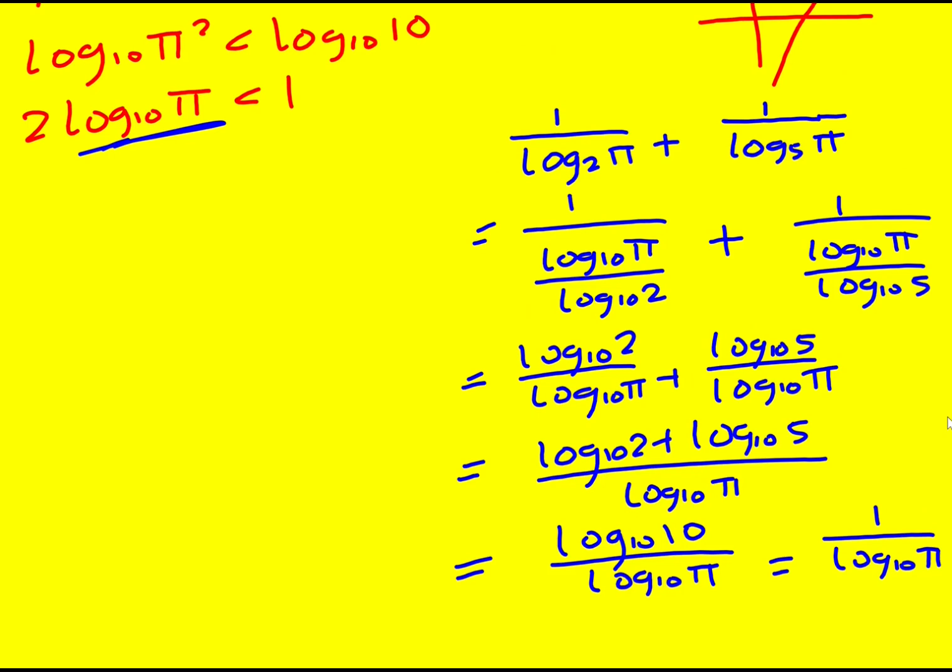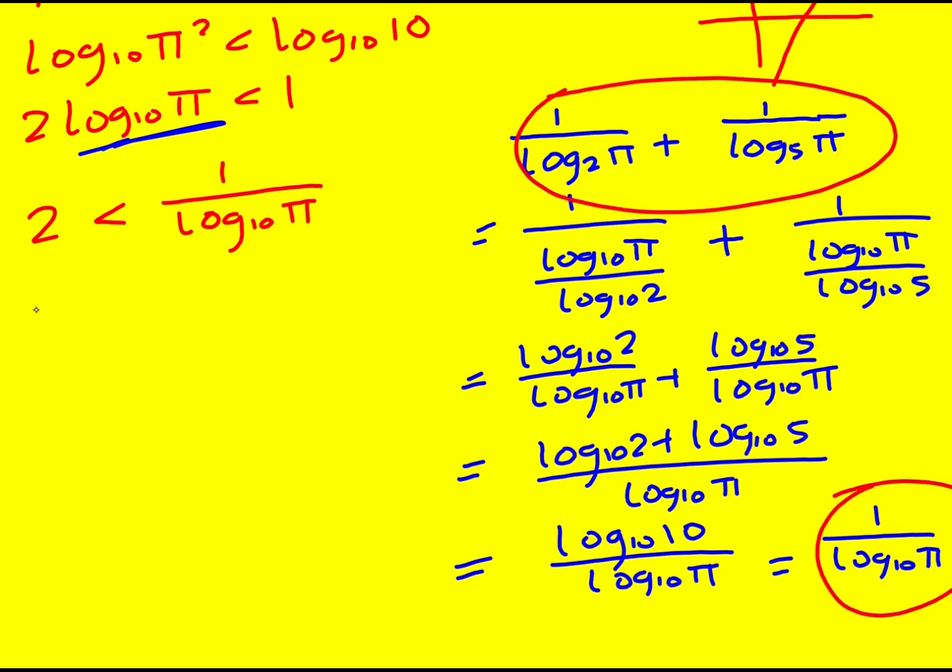So we're basically there. It's going to be a positive number. So 2 is going to be less than 1 over log to base 10 of pi. And I've just shown that that is equal to this.